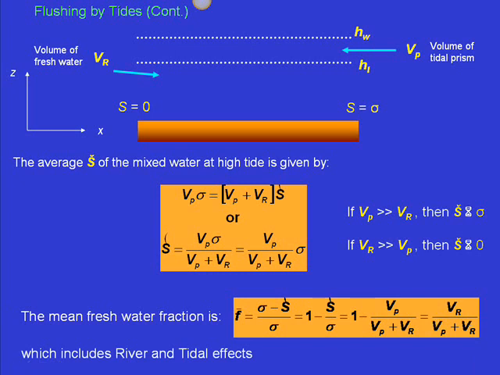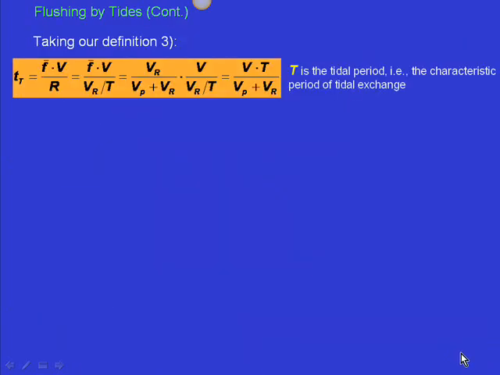So remember, we're trying to come up with a definition of flushing time from the tide. So this freshwater fraction definition already includes the effects of river and tidal effects. Okay.